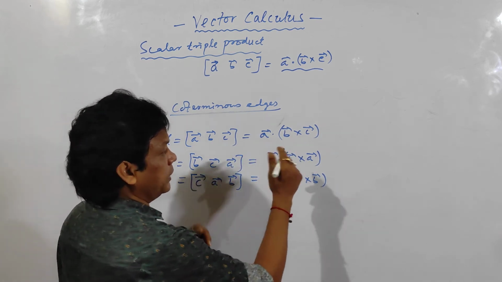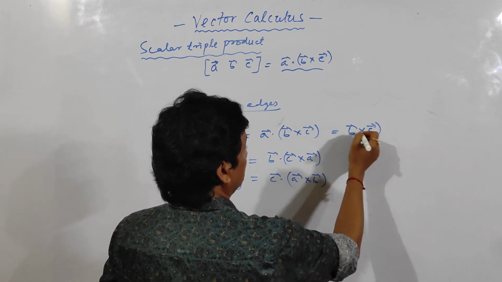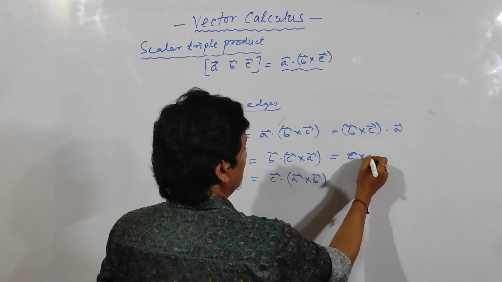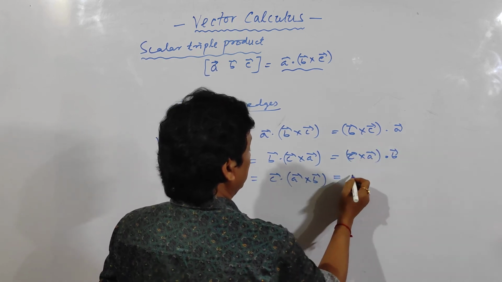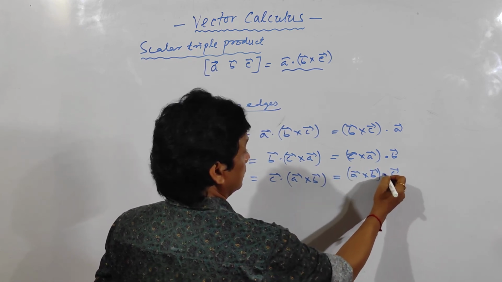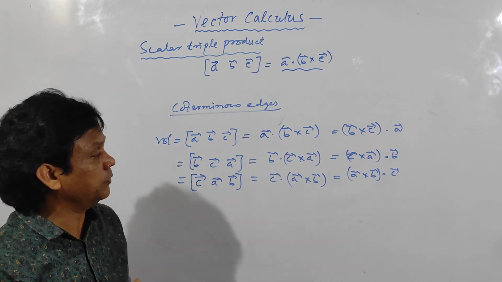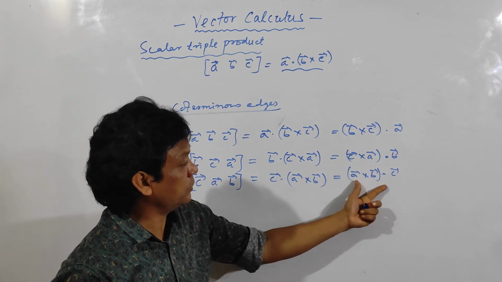But dot product is commutative. I can write B cross C dot A, and this one I can write C cross A dot B, and this can be written as A cross B dot C. All are equal. This one equal to this one equal to this one because these three represent the volumes, and this one is also equal to this one is also equal to this one.